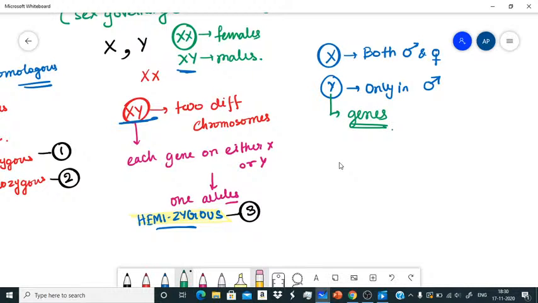And if the Y chromosome is only present in males, that means this Y chromosome can be passed from father to son. Mothers cannot pass it to sons, and from son to grandson, to great grandson. Isn't it?